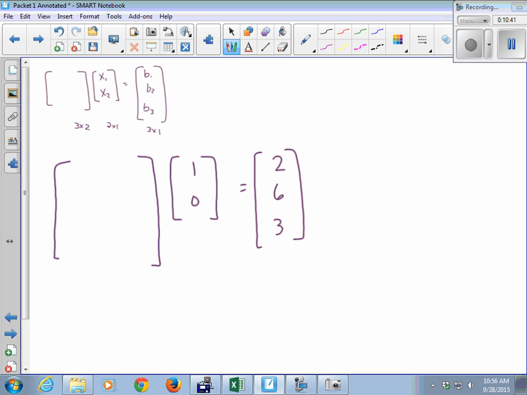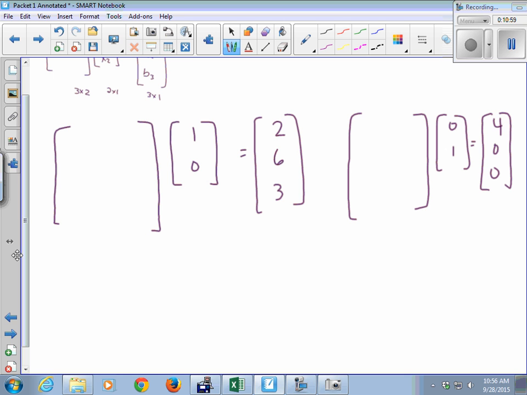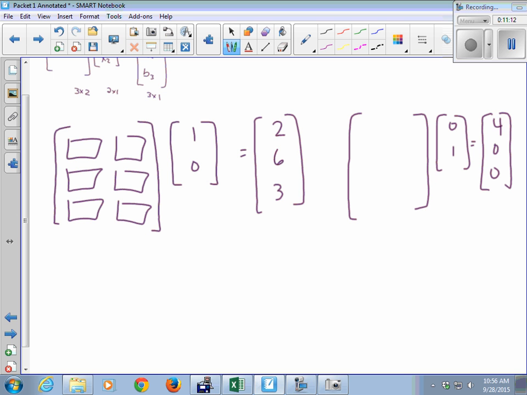And then I have to use that same matrix, whatever it is, and multiply by (0, 1) and get (4, 0, 0). So I've got to figure out what goes in this matrix in order to get these results. What numbers should I put in this matrix? Remember, it's 3 rows, 2 columns. I've got to fill these in. Yeah, 2, 6, 3 and 4, 0, 0.